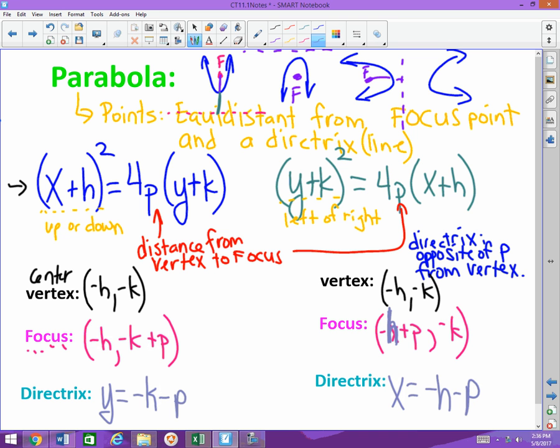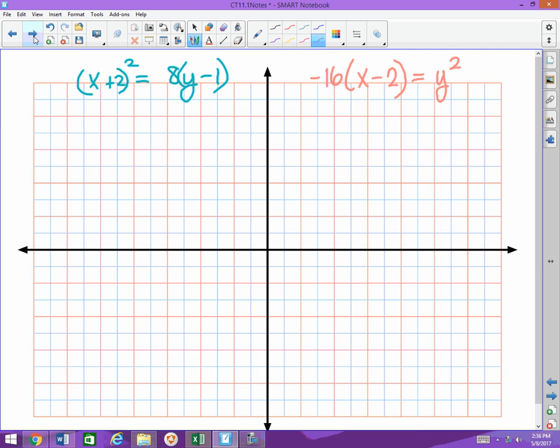All right, so then to graph things with it. Let's look at these two examples. First, we have x plus 2 squared equals 8 times y minus 1. This is a parabola. And because the x is squared, it's going to be an up or down one. First off, let's do the center.